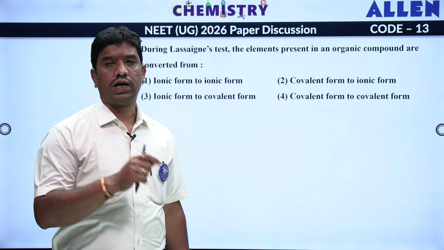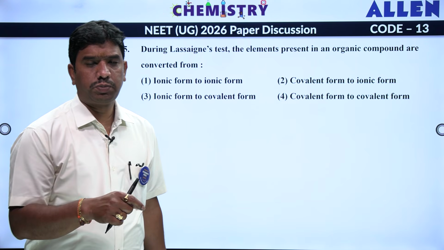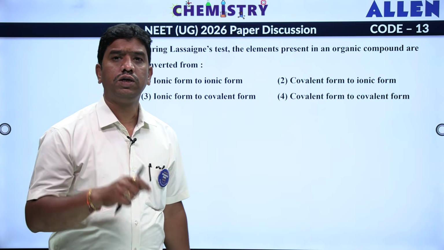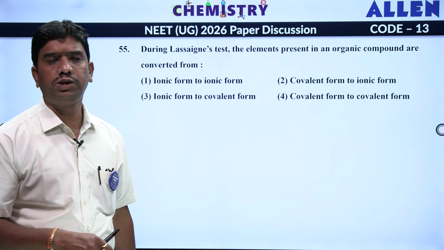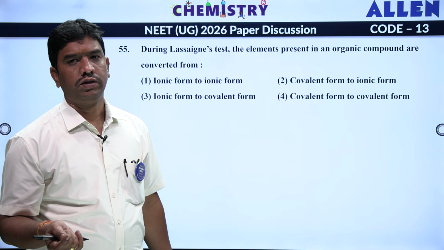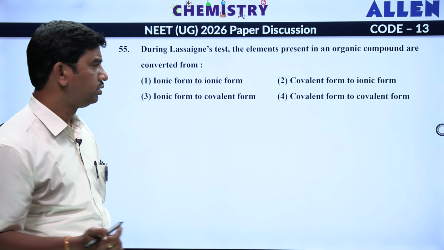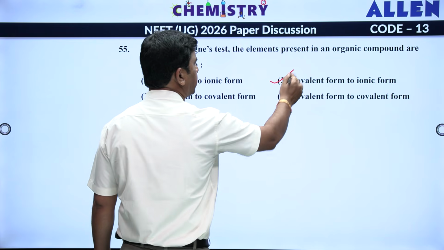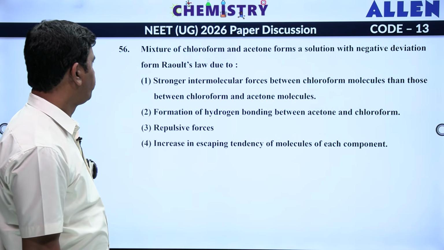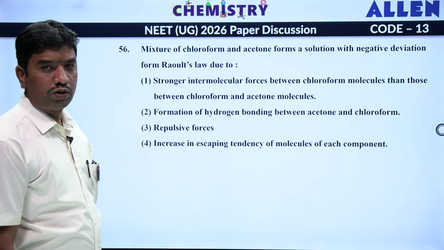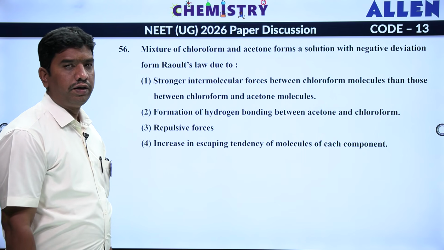If nitrogen is present along with carbon, sodium cyanide. If halogens are present, sodium halide. If sulfur is present, sodium sulfide. That means here covalent compounds are converted to ionic compounds. So option 2 is the answer for that. Next one, a mixture of chloroform and acetone, this is one of the questions from solutions only.